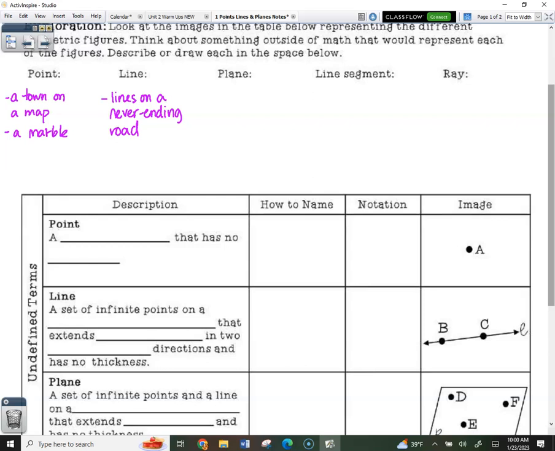Y'all are football fans. What determines the touchdown? What's between the end zone and the field? The plane. The plane. The goal line is on the field. That's to let you have a visual.